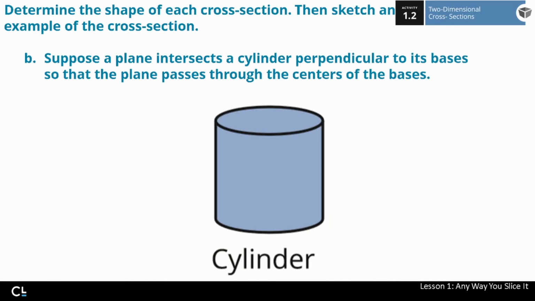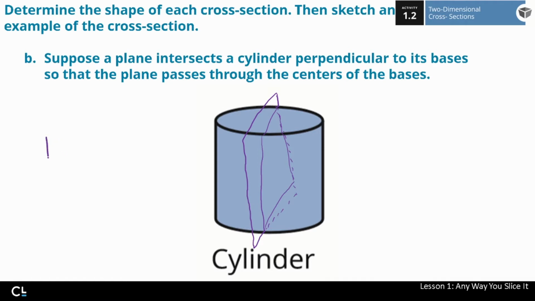Next up, suppose a plane intersects a cylinder perpendicular to its bases so that the plane passes through the centers of the bases. So let's say our plane is going this way now, right? Something like that, right? Plane looks like this. So it's really just kind of cutting along in here like so, right? Now, what shape is that going to be? It's kind of hard for some of us to picture.